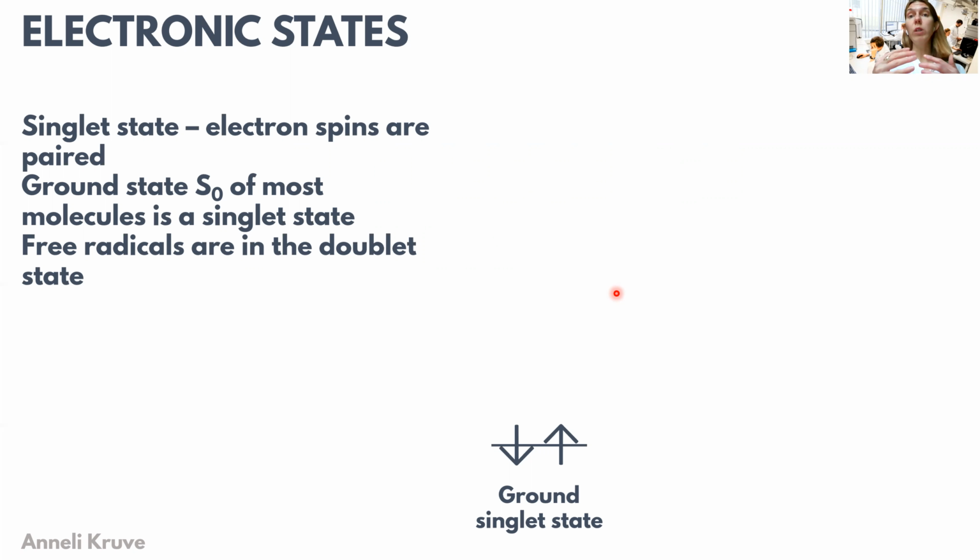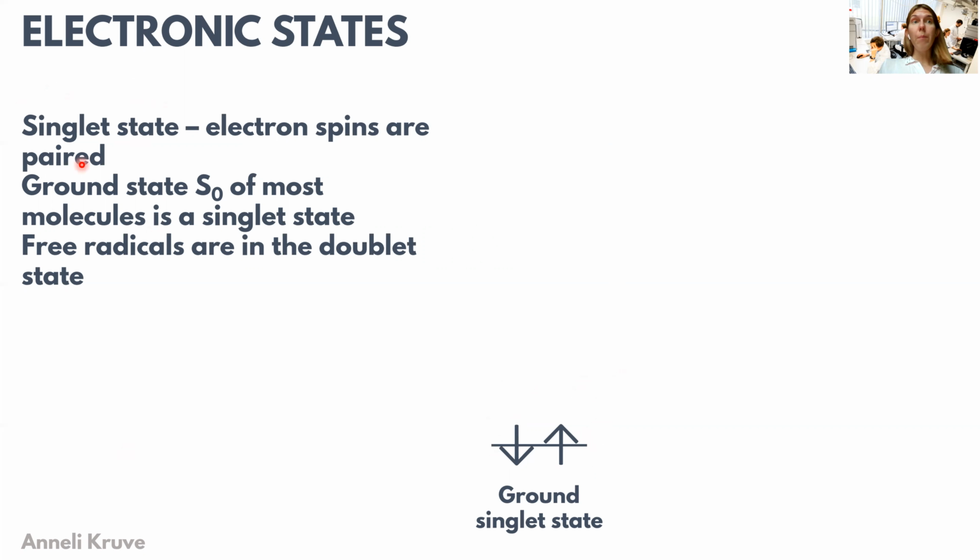To start understanding what is going on in fluorescent spectroscopy, we have to take a look into the electronic states of the molecules. In the ground state, there are two types of electronic arrangements. The electrons in the molecule can either be paired or not paired. In the normal ground state molecules, the electrons are paired, so we say that they are in the singlet state.